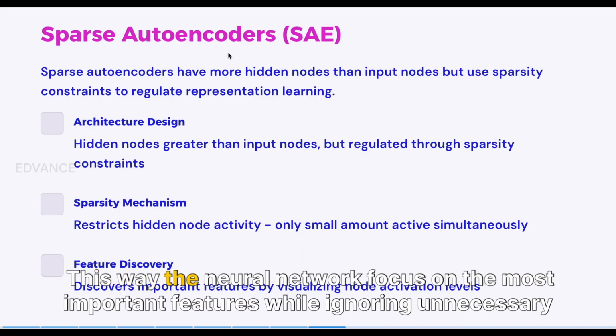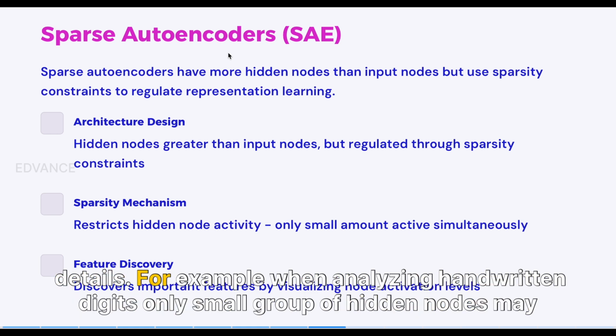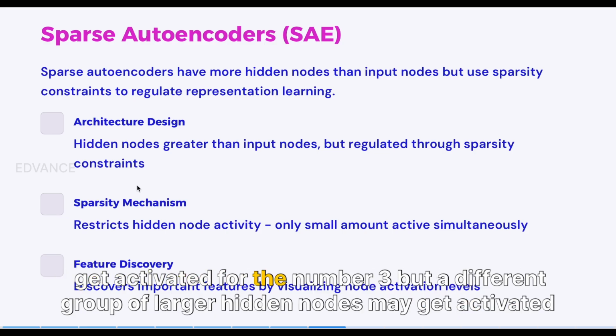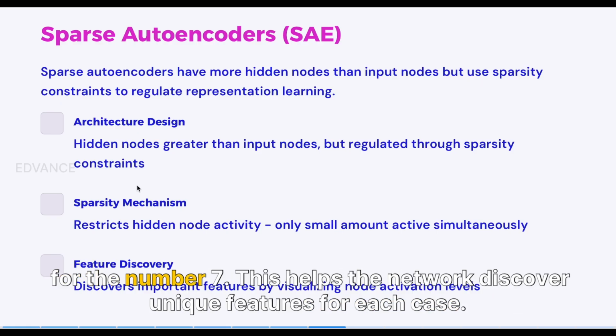This way, the neural network focuses on the most important features while ignoring unnecessary details. For example, when analyzing handwritten digits, only a small group of hidden nodes may get activated for the number 3, but a different group of hidden nodes may get activated for the number 7. This helps the network discover unique features for each case.